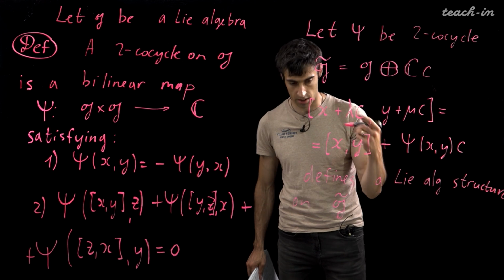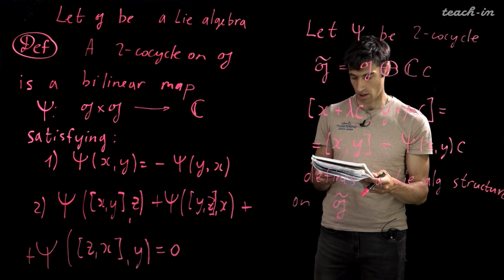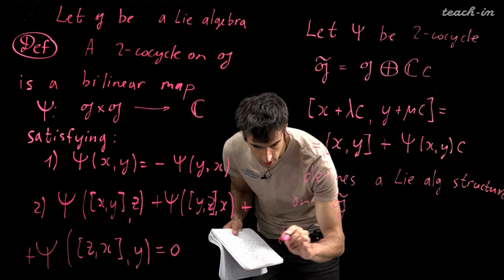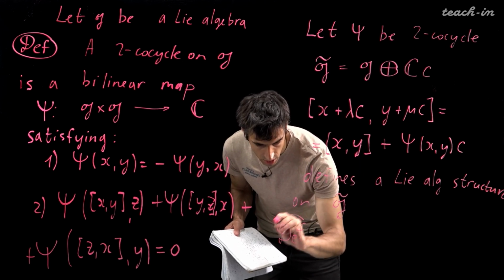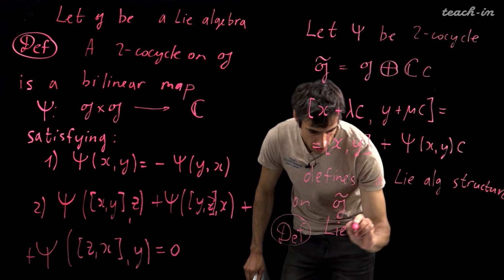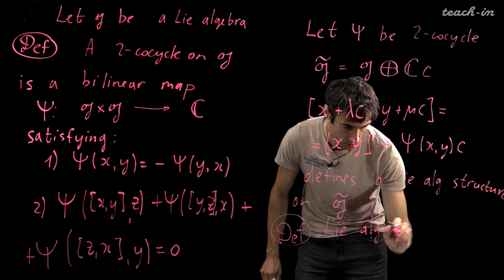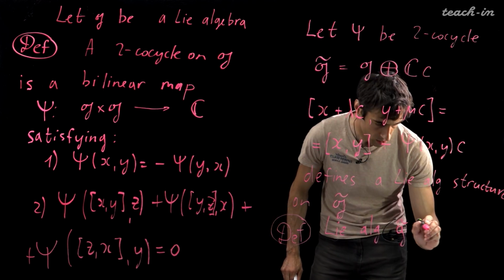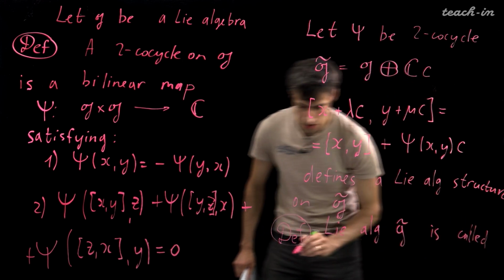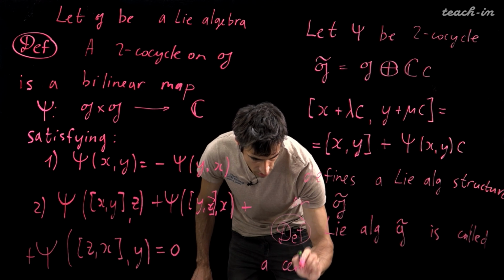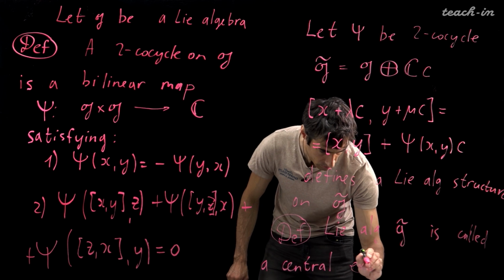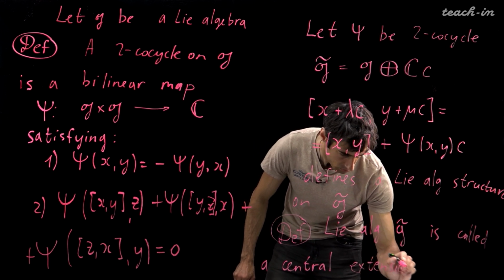And G tilde as a Lie algebra is called the central extension of G by the 2-cocycle psi. So let us formulate it as a definition: the Lie algebra G tilde is called a central extension of G.